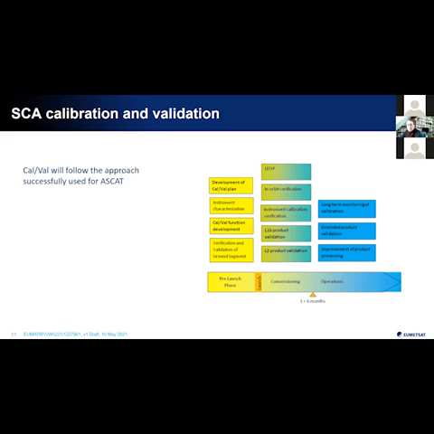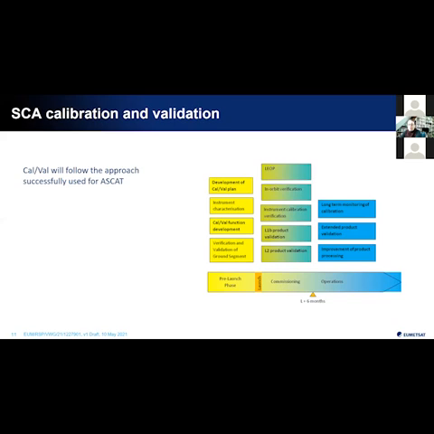So that's the pre-launch phase. And as we go into commissioning, we will check that everything on the instrument is working, and we'll verify the calibration and validate the products.